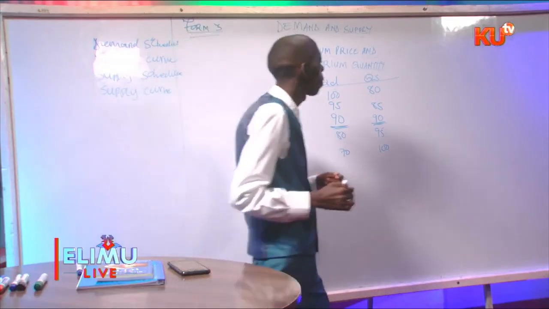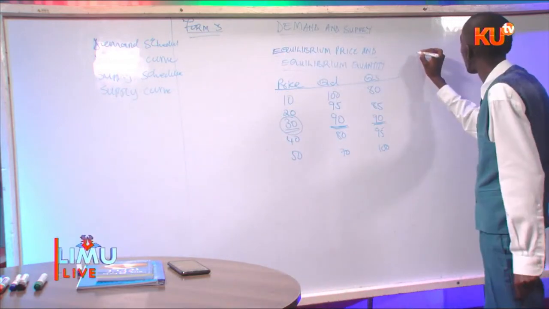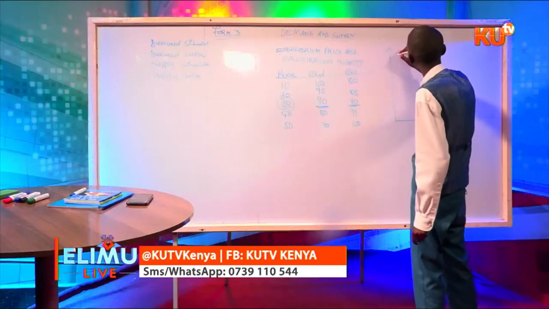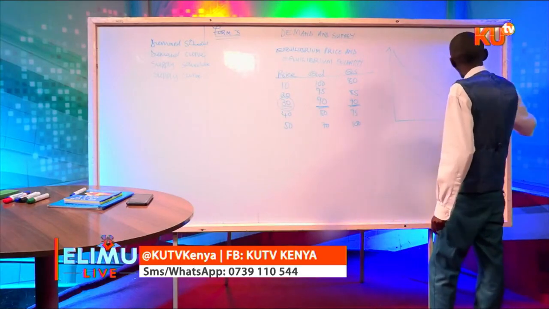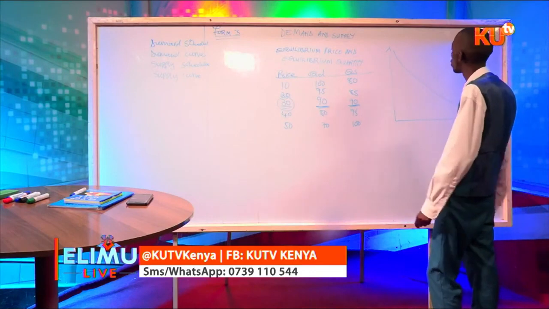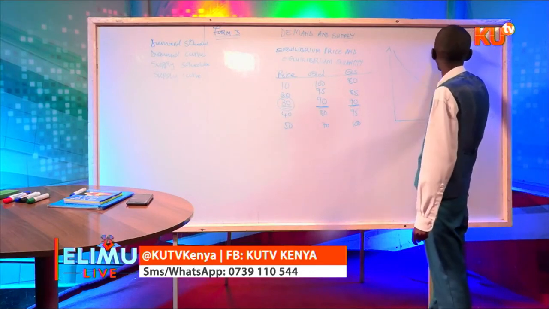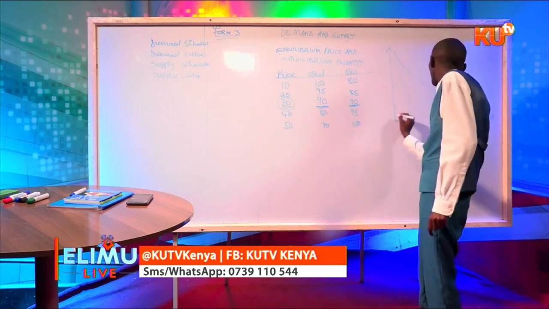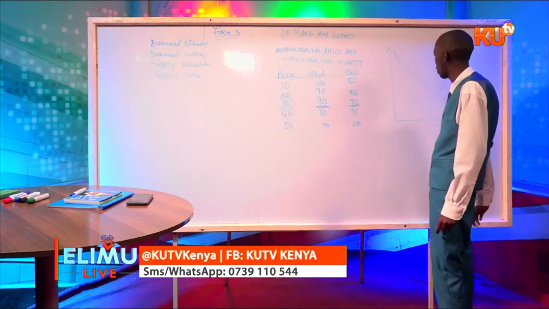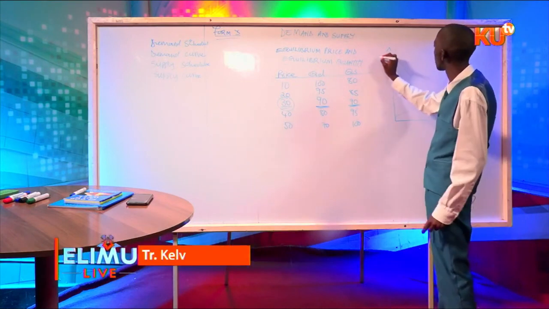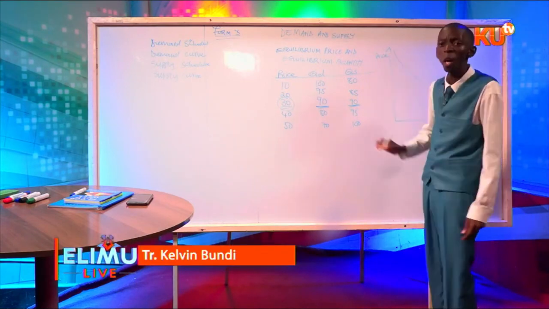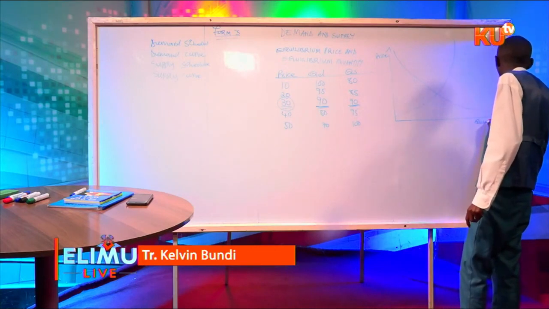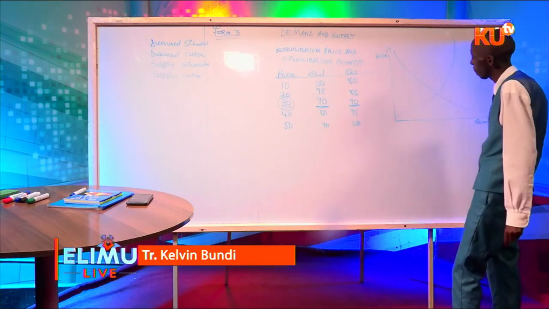We have the demand curve that slopes downwards from the left to the right, and the supply curve that slopes upwards from the left to the right. On the y-axis, we have the price, and on the x-axis, we have the quantity.